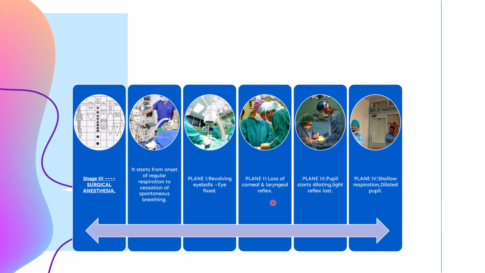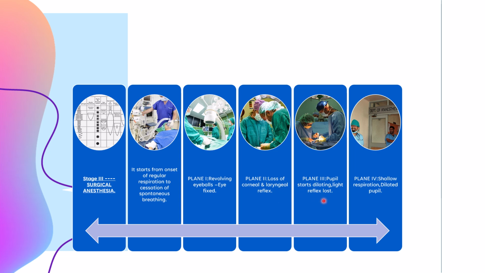You know what is meant by corneal reflex: if you place anything on the cornea, they are unable to respond. And if you are doing endotracheal intubation, there is no reflex, so there is loss of laryngeal reflex. That is called plane 2.